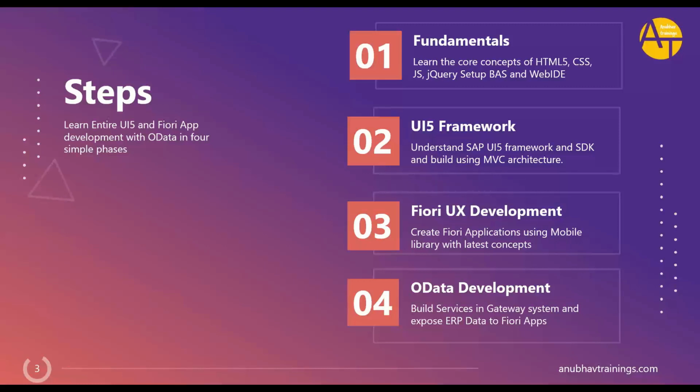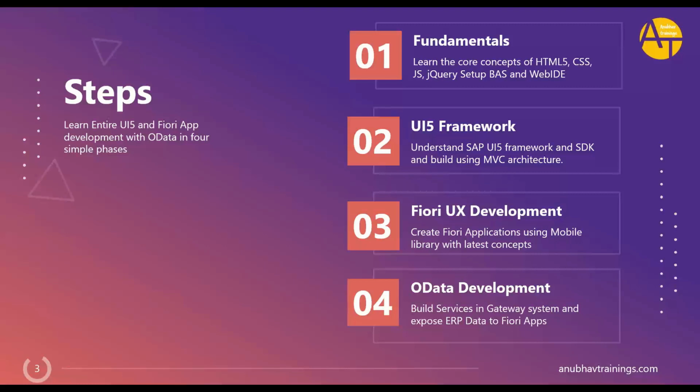We'll start in phase 1 with the fundamentals of UI5, which includes the open frameworks like HTML5, CSS, JavaScript, and jQuery. We'll set up the development tools, including Business Application Studio and SAP Web IDE. We will look at different options for you to get started with the training. And then we'll start with the UI5 core framework.